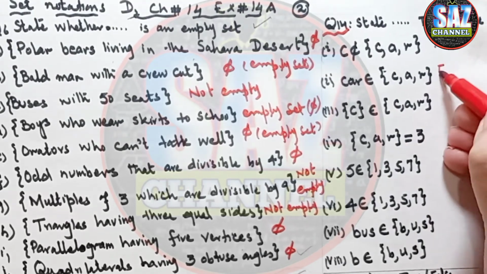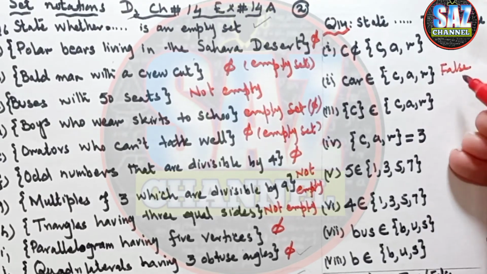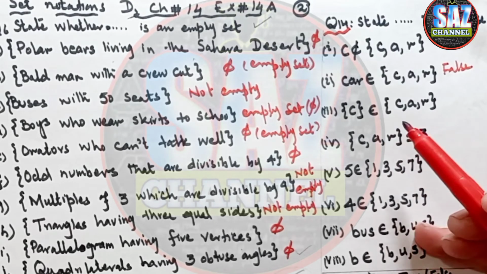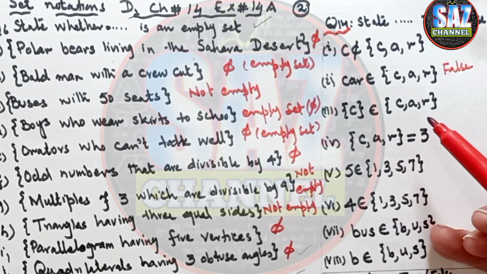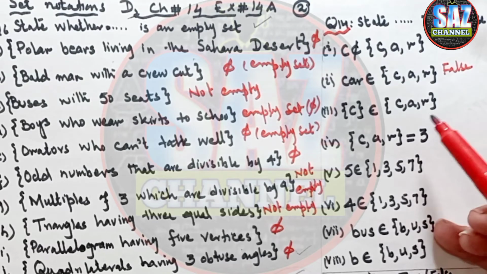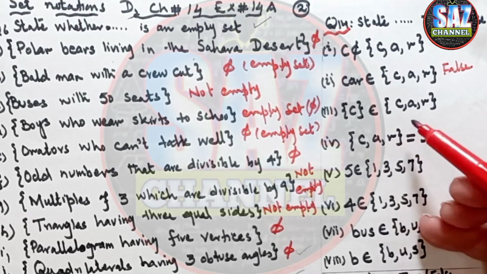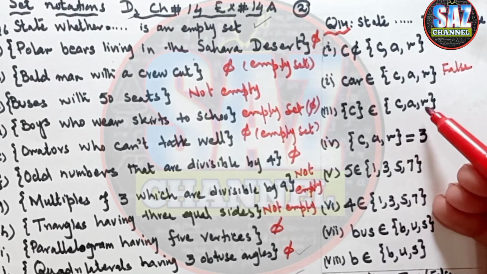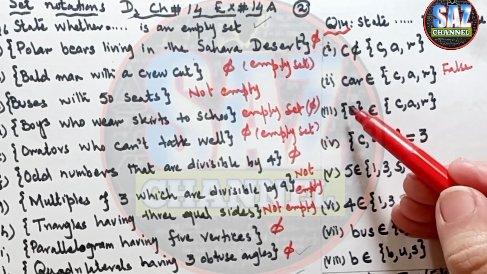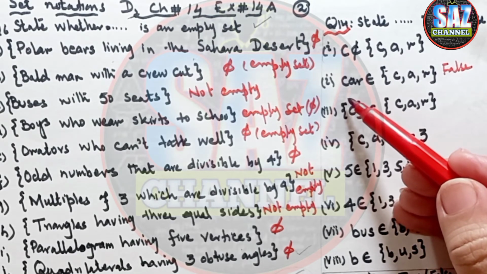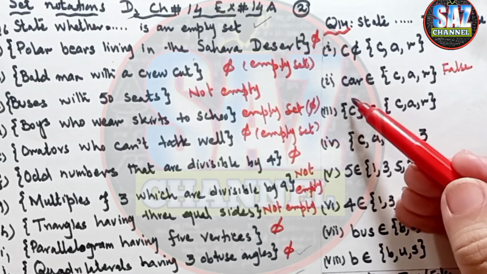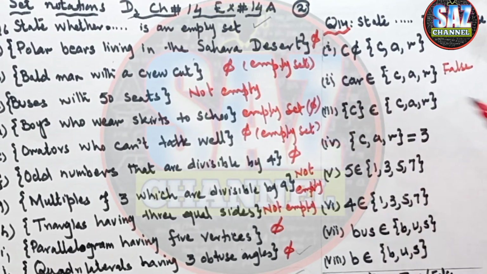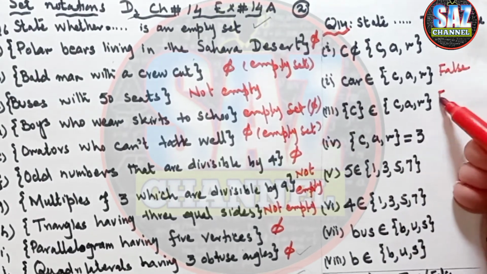Then the third part is that C belongs to {C, A, R}. Again, we can see C, A, and R are the elements, but the statement given shows that the set is having the elements inside the brackets. So again, this is a false statement.